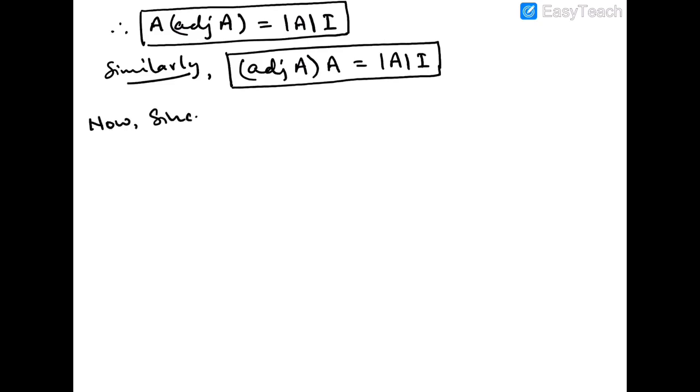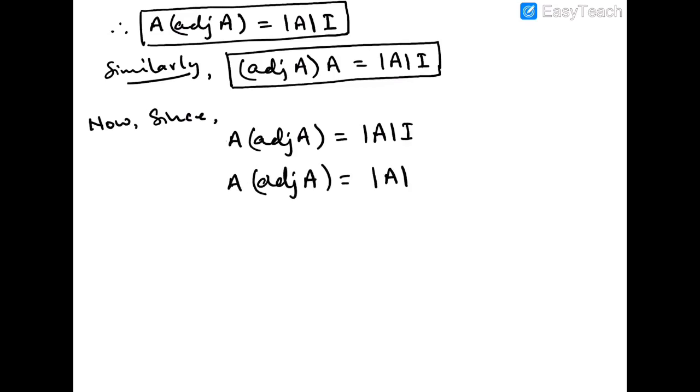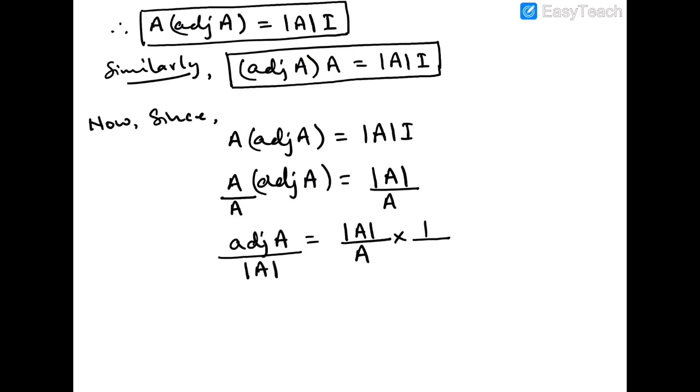Now since A times adjoint of A is equal to determinant of A times I, now divide both sides by A and we will get adjoint of A is equal to determinant of A divided by A. Now divide both sides by determinant of A and we will get adjoint of A divided by determinant of A is equal to 1 by A, and 1 by A can be written as A inverse.